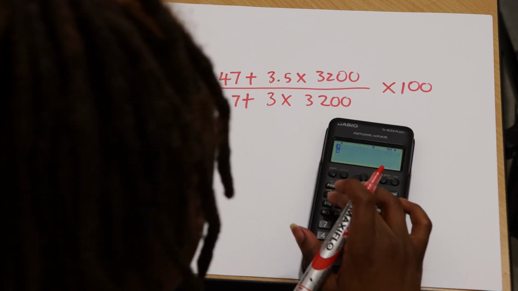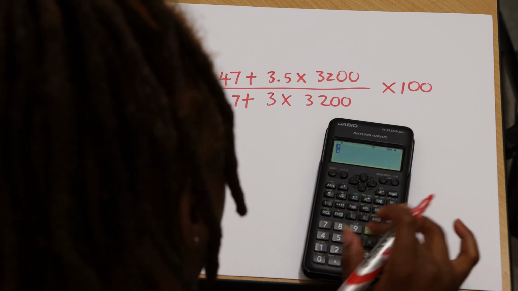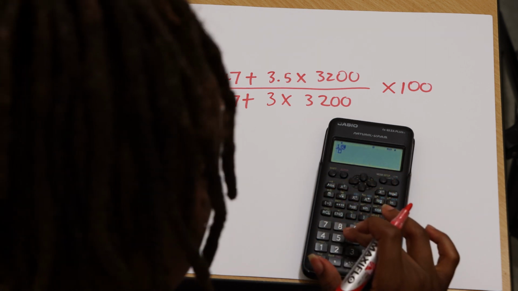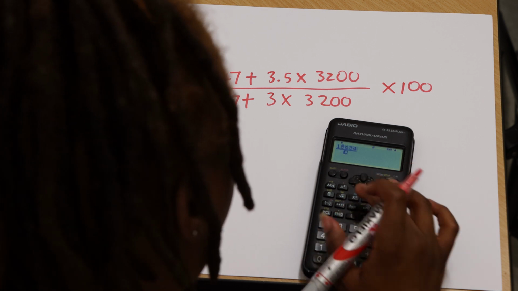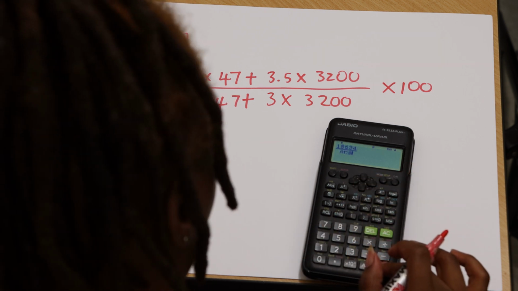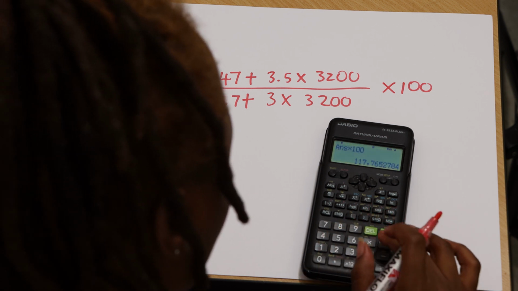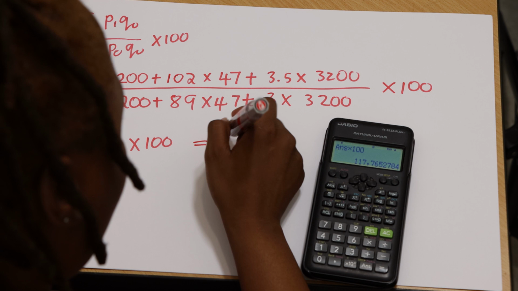So here the final answer would be 18,634 divided by 15,823 times 100.